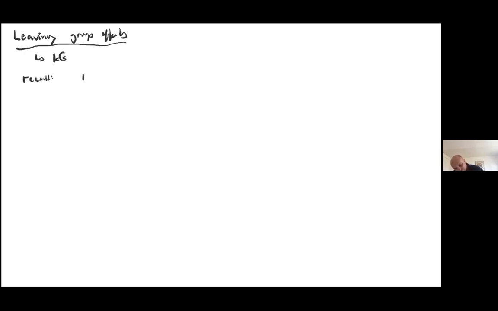So my nucleophile's coming in, it always has a lone pair, often has a negative charge. It's going to react with some substrate. I'm going to have a transition state, and I'm going to go on to product.